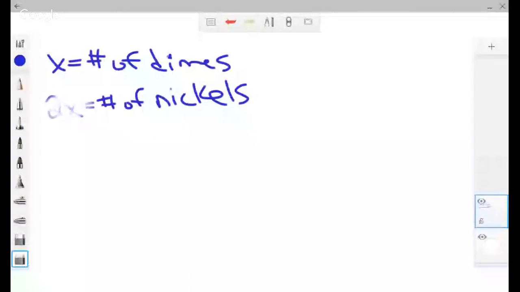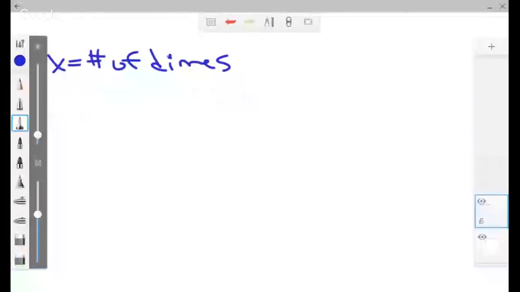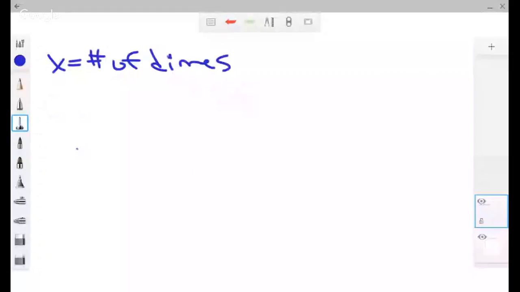Let me make this a little bit easier to see. The way I wrote it didn't really match what I was trying to say. If I want to say that there are twice as many dimes as nickels, that means I have to multiply the number of nickels by 2, and that gives me the number of dimes. In other words, if I have x number of dimes, and I divide that by 2, that is equal to the number of nickels.